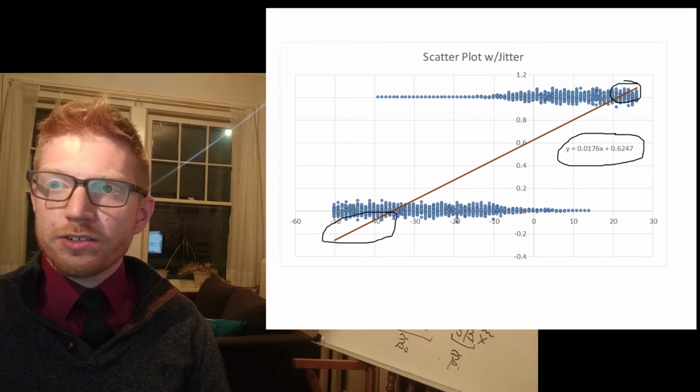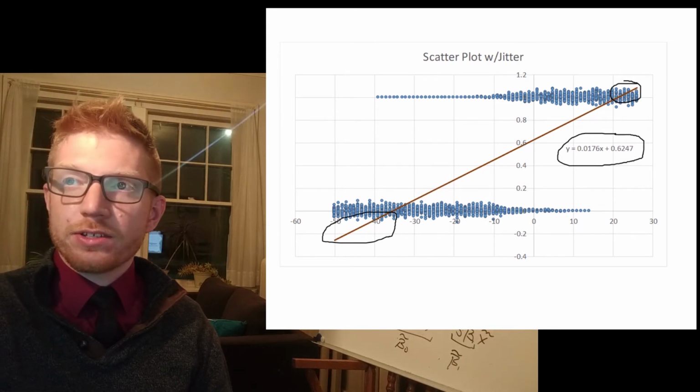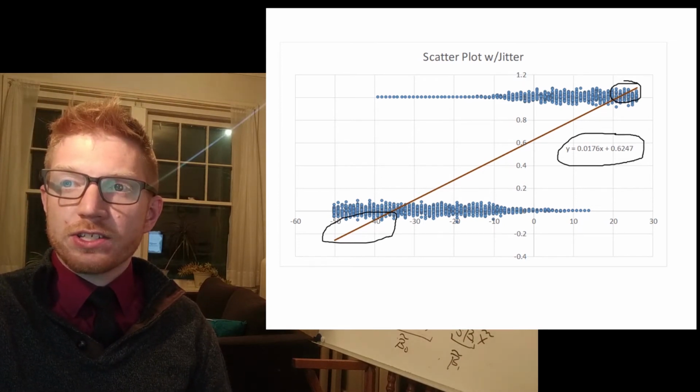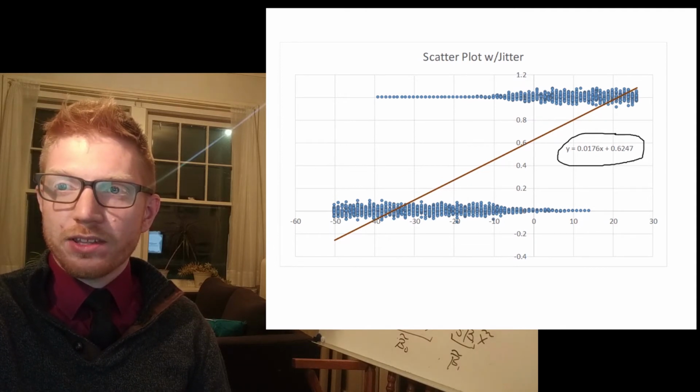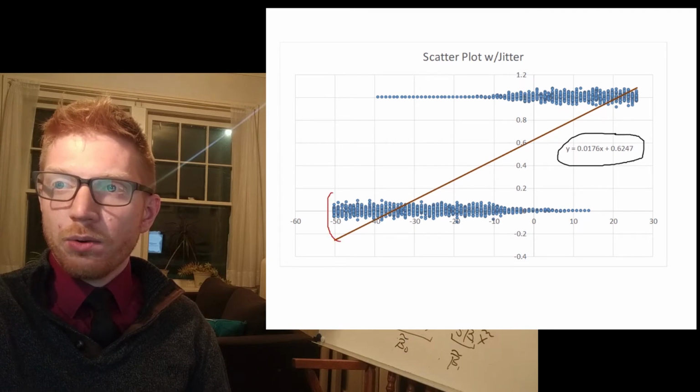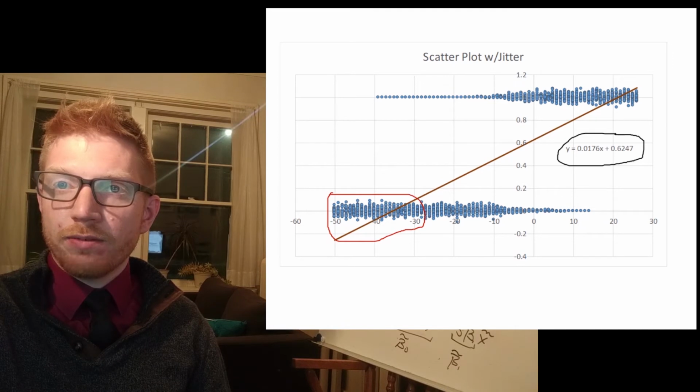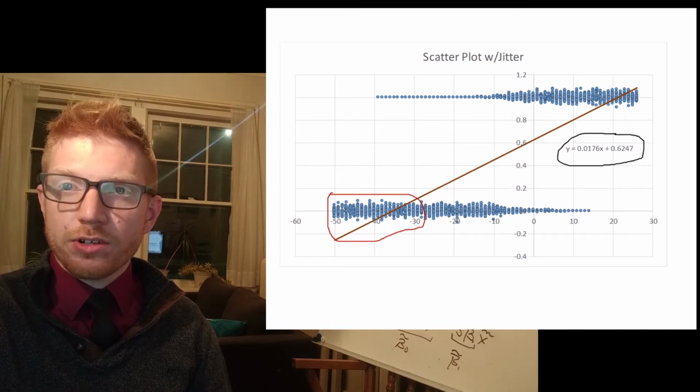Another undesirable characteristic is, what if we had just not included these more extreme values? We had somebody who put, I think, 40 for how much they thought the Patriots would win by. That's what's going on up here. What if we hadn't included these values? How would that impact our regression result?